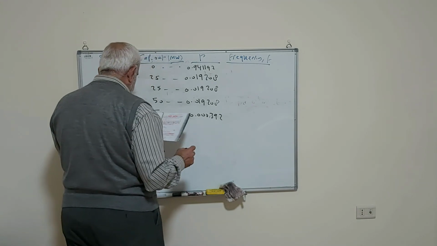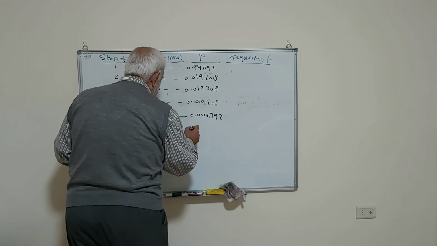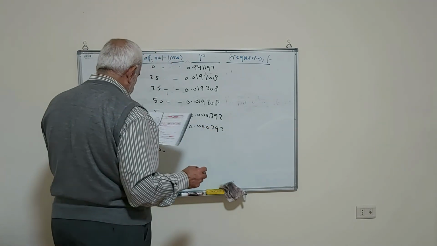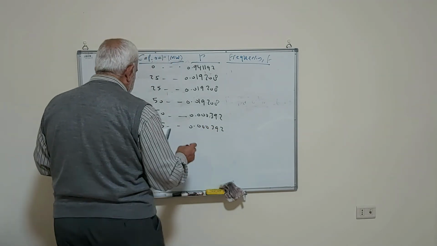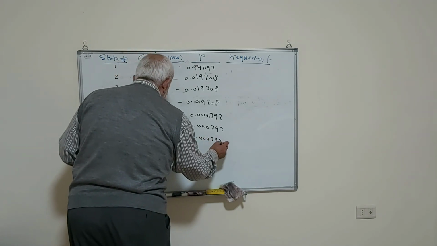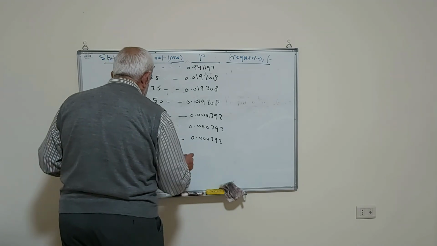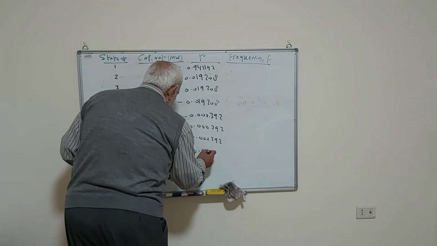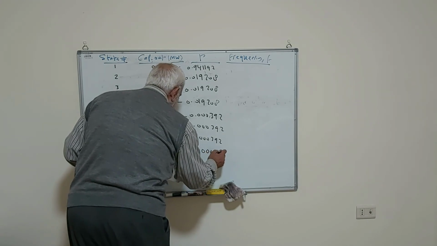For the 75, we have 0.00392, and we have 0.00392, and finally we have 0.0000008.